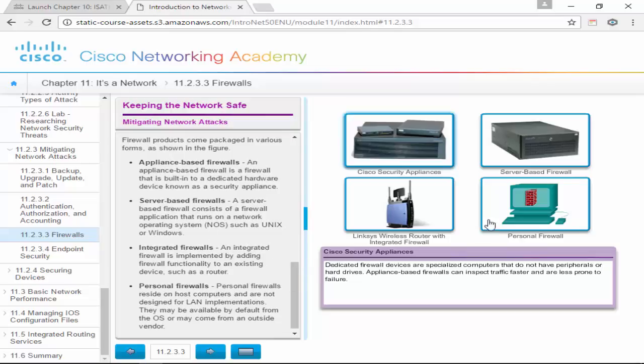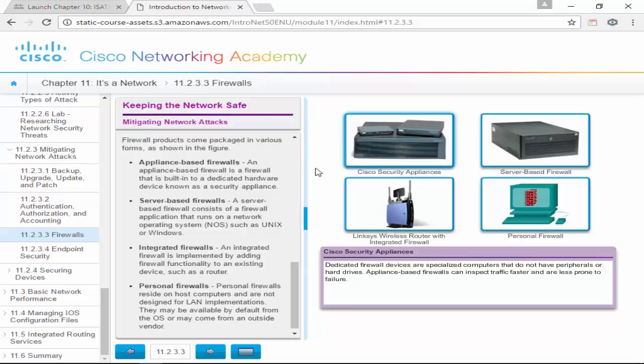Integrated firewalls are built into these little things, but these appliances we use because they're going to be faster. They have their own CPU. They can do more advanced features. What they're not telling you in this is there's stuff called intrusion detection systems and intrusion prevention. Intrusion prevention starts looking for strange traffic and blocks it.